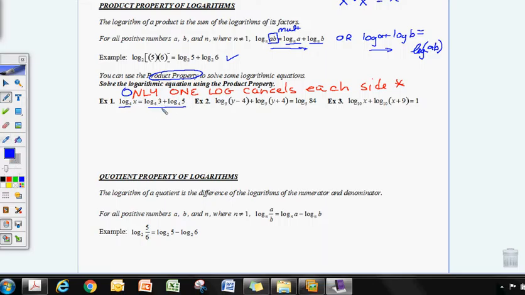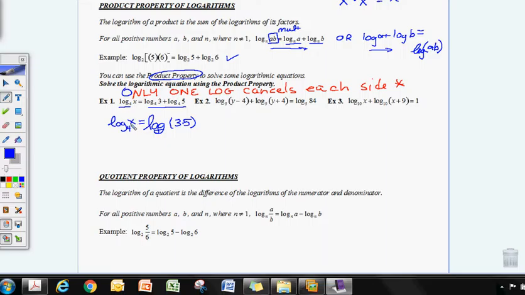Okay, so here we go. I have to rewrite this side. And from our new rule, this changes to log of, L-O-G. Sorry about that. And the 3 is now times the 5 as in the argument. And this other side stayed log base 4 of x.